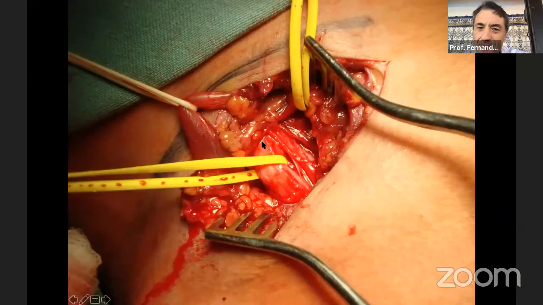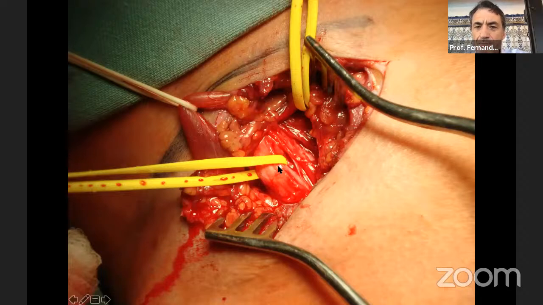That's the case. This is omohyoid muscle. In this case, I don't cut the muscle. Here, the anterior scalenus muscle, and here, the superior trunk.